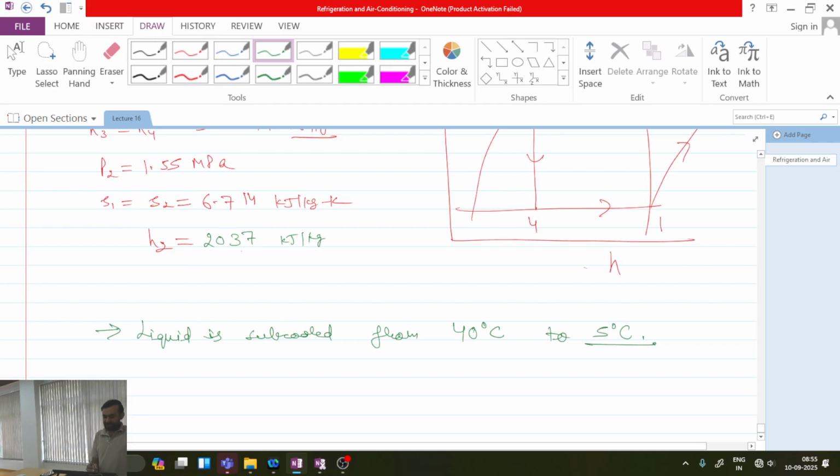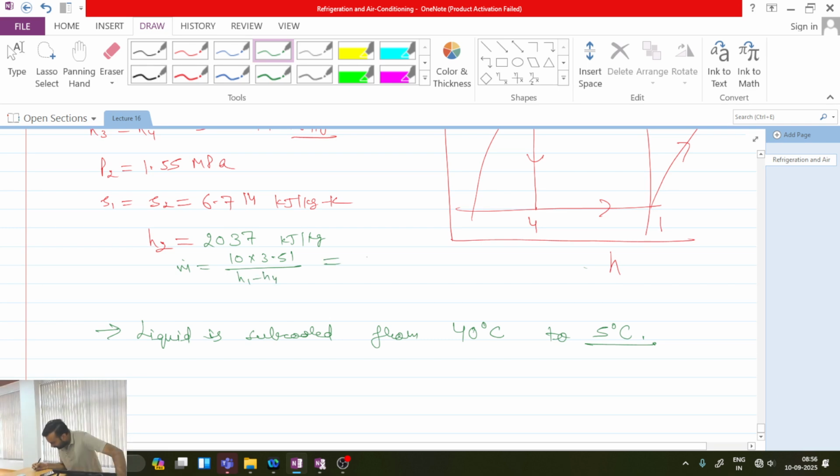Now, what will be the COP? First, what will be the mass flow rate? The mass flow rate here will be 10 into 3.51 divided by (H1 minus H4).